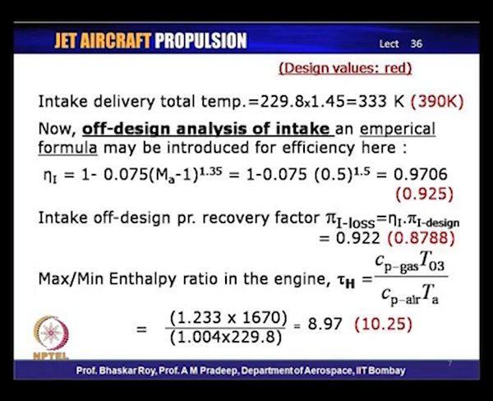If we do that, we get the maximum to minimum enthalpy ratio of this engine, in terms of the prescribed parameters, as 8.97. As you can see, this is less than the design value, which was given as 10.25. This means it is operating with a lower turbine entry temperature, and as a result the enthalpy ratio available now would be somewhat lower than the design enthalpy ratio.